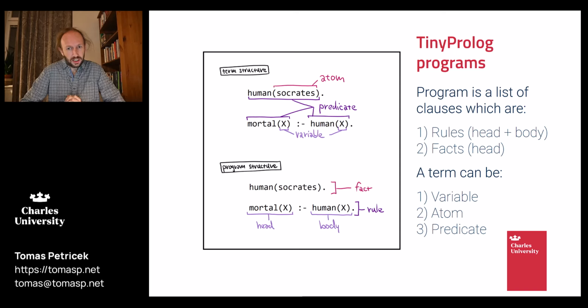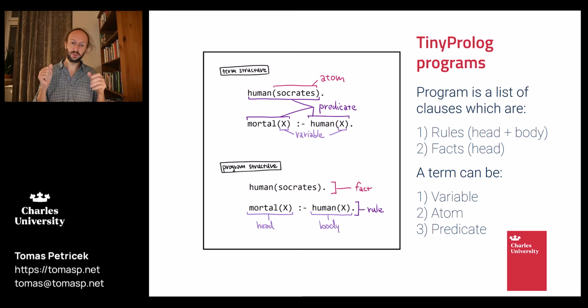In Prolog, how do we actually represent programs? There's two things. At the program level, you can have rules and facts. And a fact is just a clause that has only a head. There's some definition like human Socrates. That's a fact.